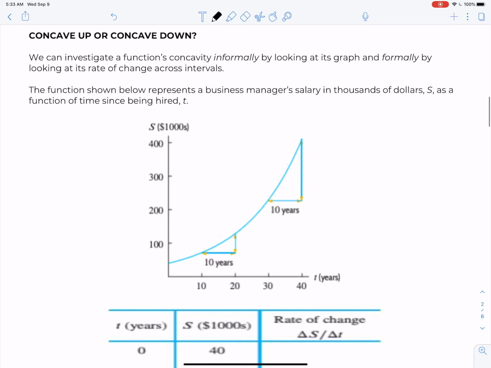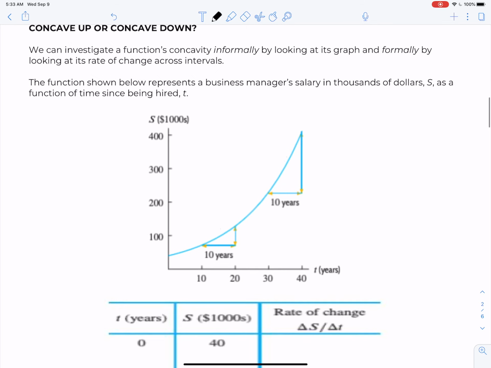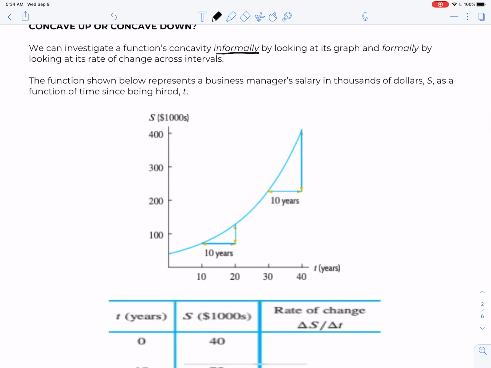And so let's see this in action. So we can look just informally, and when we say informally, for concavity, we just mean the shape of the graph. So is it looking like this or is it looking like this? But then to do it formally, we have to look at the rate of change, just like we did before. We have to look at the rate of change at each interval to see what's happening.